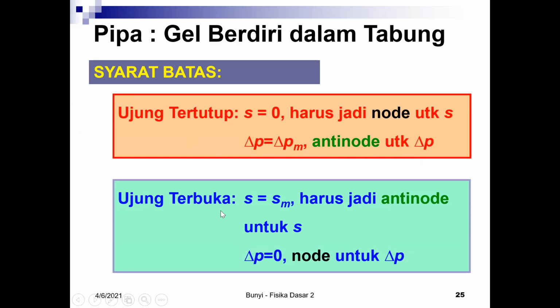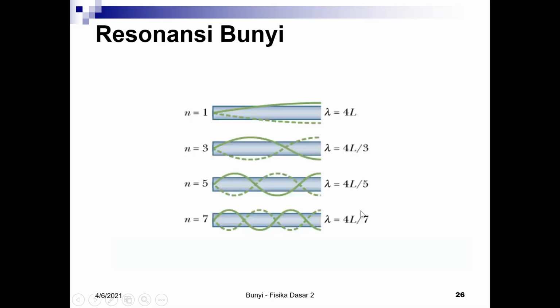While for an open end, a free end, s is maximal, so this is an antinode, while the pressure becomes a node here, delta P equals 0. On the left-hand side is the fixed, closed end, while the right end is the open end of the pipe.